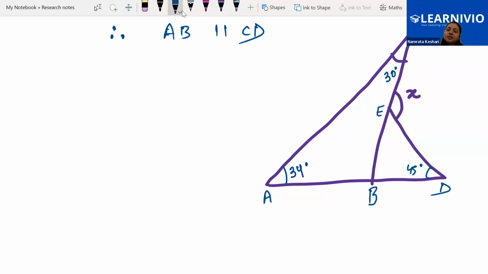Try it. Let me know how we can do so. Copy down the figure first. Okay. Try it. We are going to discuss this one, how to find the value of x. But first you try it.